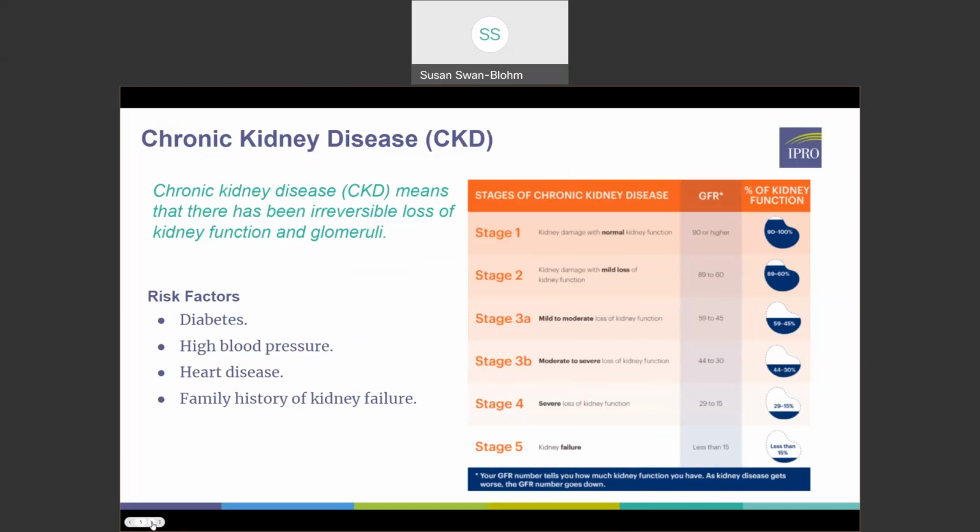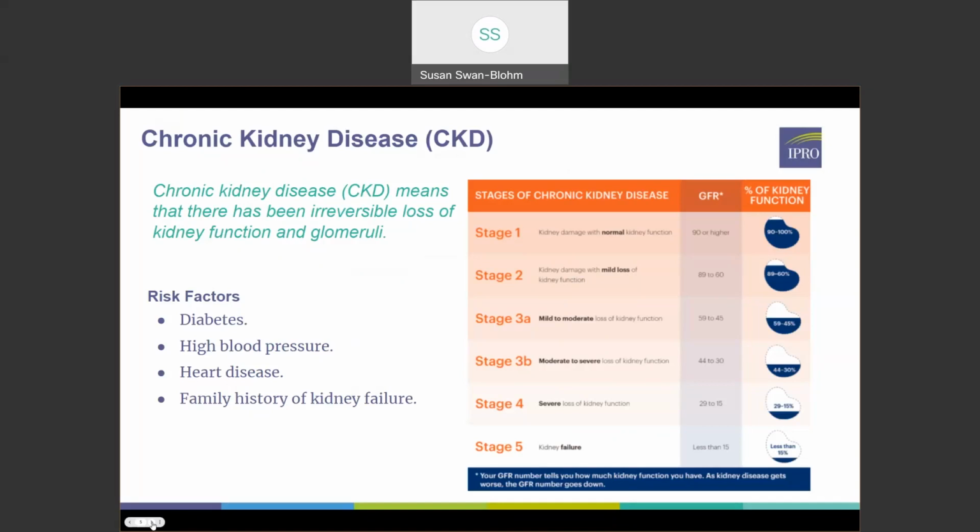The stages of chronic kidney disease are determined by the percentage of kidney function or glomerular filtration rate. Stage 1 is determined by the glomerular filtration rate or GFR of greater than 90%. Some of the kidney function is lost, but the kidneys are functioning at a normal capacity. Stage 2 shows 60 to 89% of kidney function or a mild loss of kidney function.